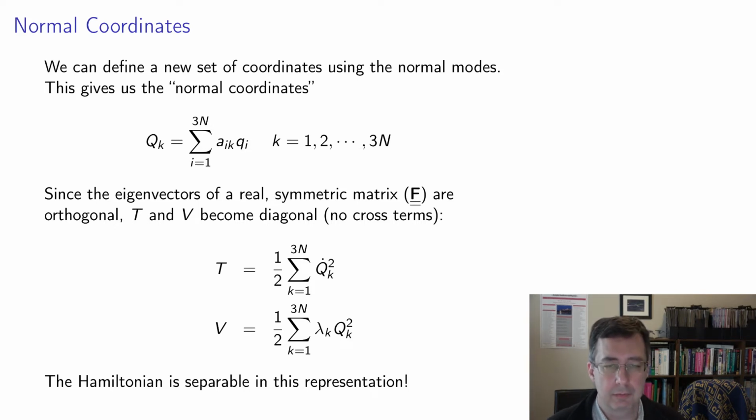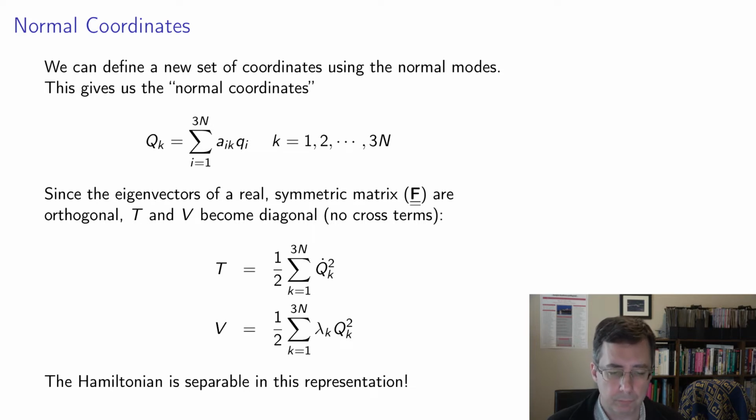Because the eigenvectors of a real symmetric matrix are orthogonal, then it turns out the kinetic energy T and the potential energy V become diagonal without any cross terms. And so T is a simple sum of 1/2 Q-dot squared for each coordinate k, going from 1 to 3n. And V similarly is 1/2 a sum over all the Q_k squared times lambda, the eigenvalue.